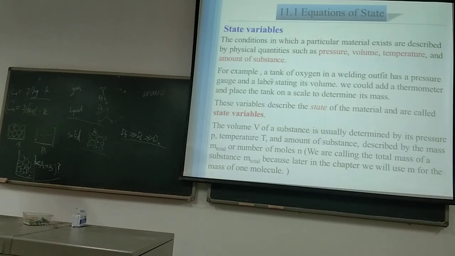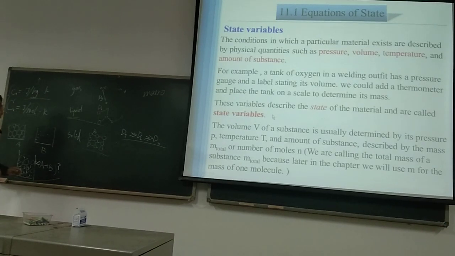For example, a tank of oxygen in a welding outfit has a pressure gauge and a label stating its volume. We could add a thermometer and place the tank on a scale to determine its mass. Those variables describe the state of the material and are called state variables.